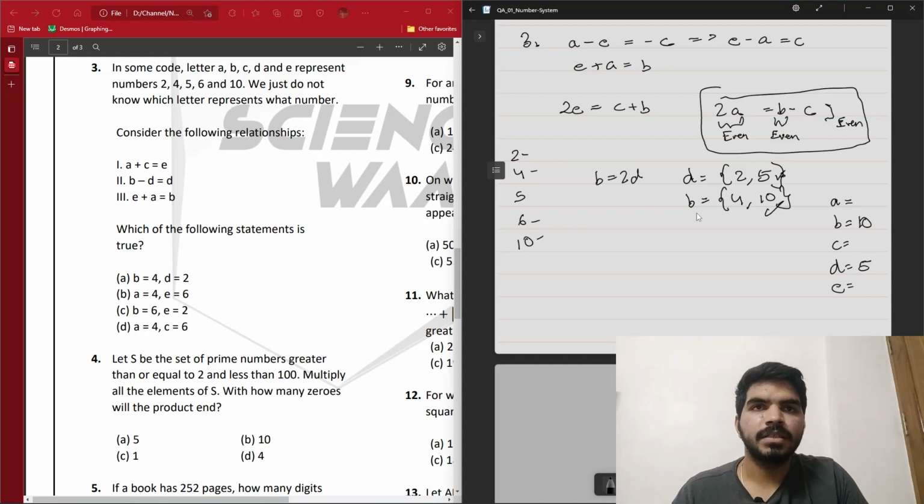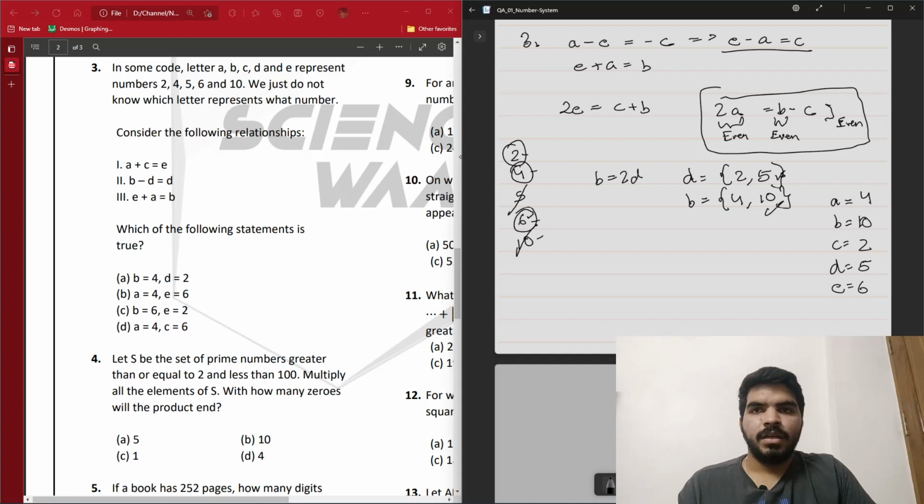Other parts, what equation are they used in? Yeah, E minus A we saw, E minus A equal to C. Out of these we are only left with E minus A is equal to C. So E must be 6, A must be 4 and C must be this. E minus A, E must be 6, this will be 4.